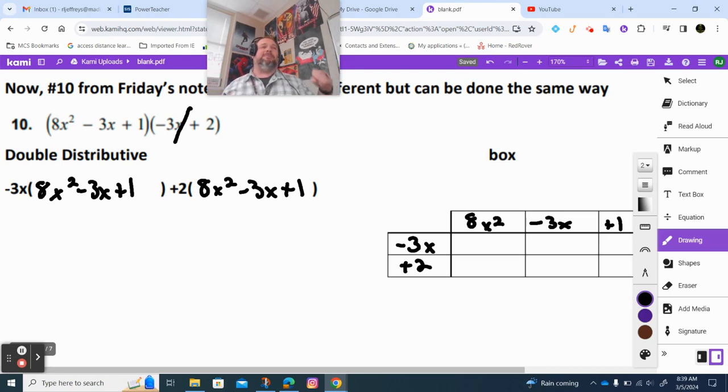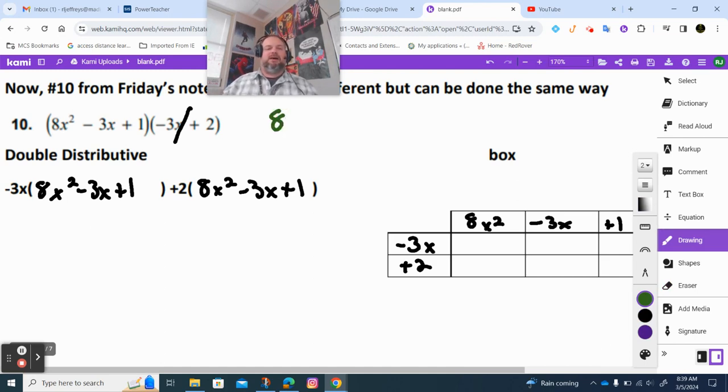All right. There's how you would set it up. But I had this student, and it always comes from students that you don't think are really paying attention. They're like, Mr. Jeffries, there's actually an easier way to set up this one. And he didn't do double distributive. He didn't do box method. He actually did what he called triple distributive. I'm just going to set this up. You get the same answer either way.